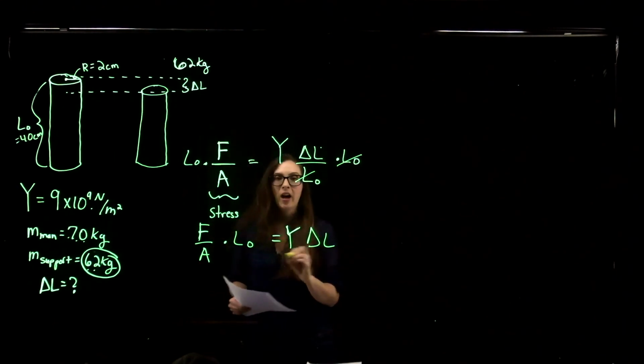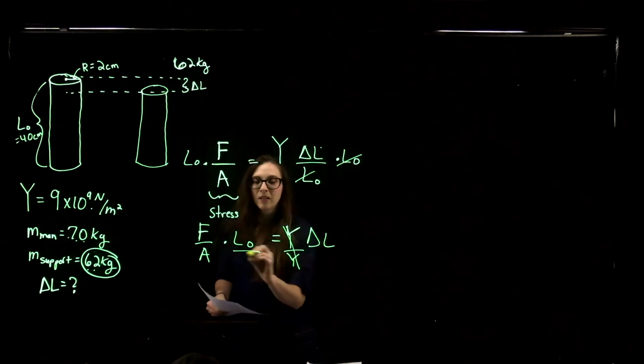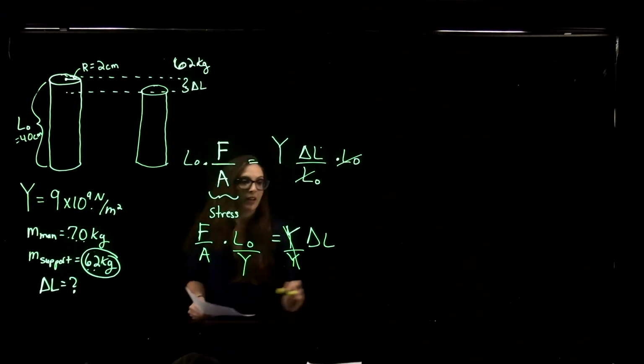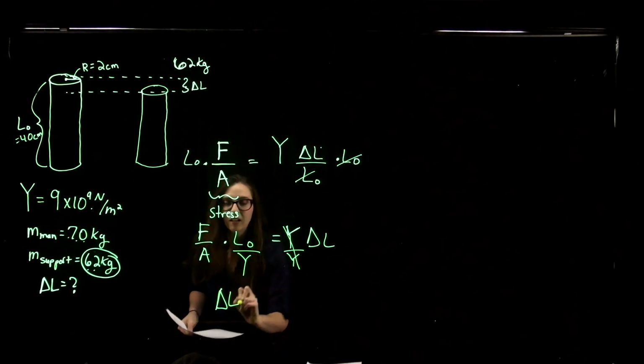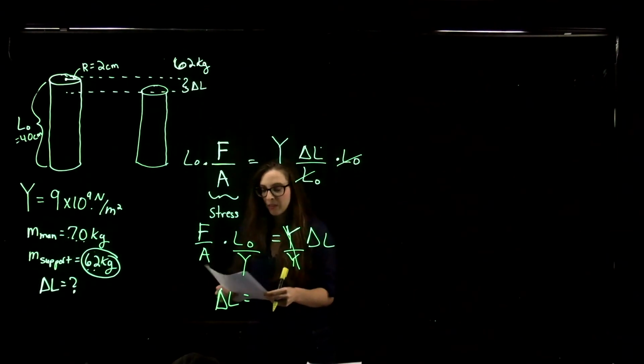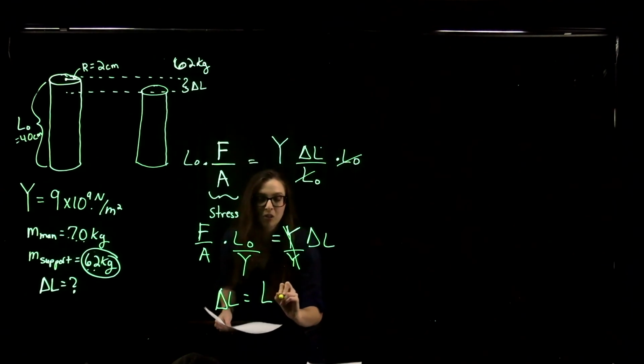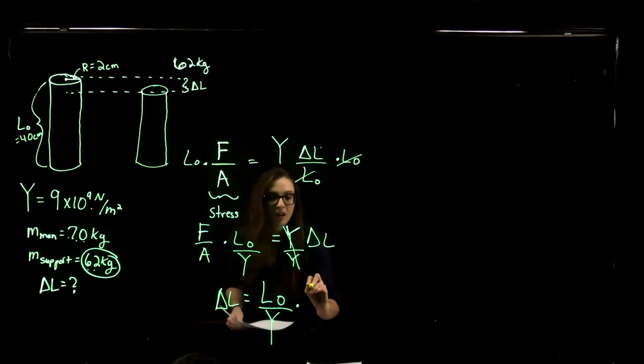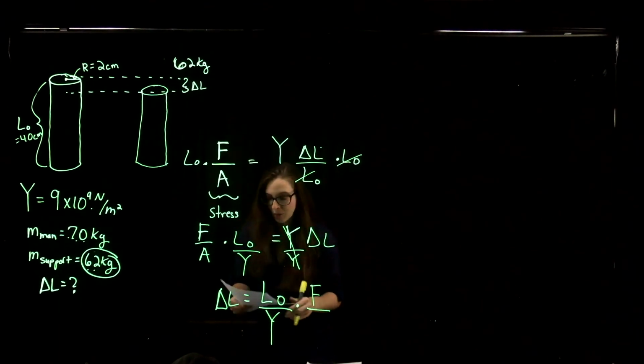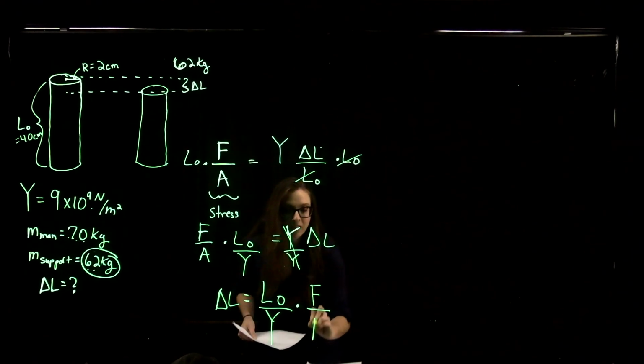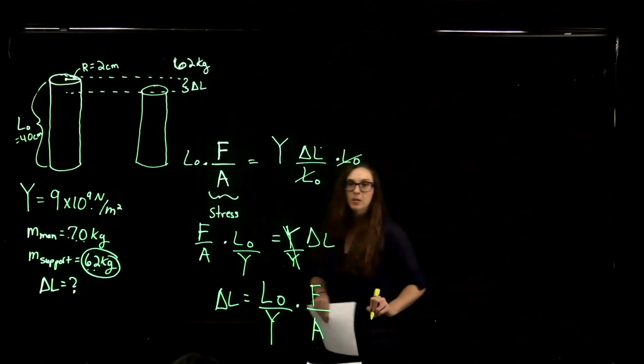And then we have to divide both sides by the Young's modulus. So then we find that the change in length is going to equal the original length divided by our Young's modulus times the applied force over the cross-sectional area to which that force is applied.